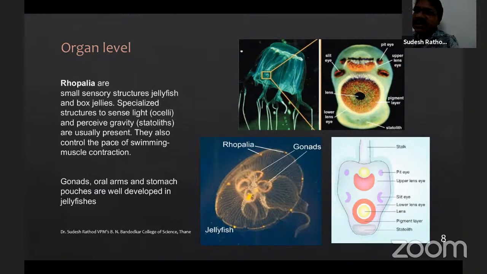If it is surface water, then light intensity is high. The rhopallium can sense this, and because of that, the jellyfish will go deep inside, because they don't want to be exposed to the surface. They stand upright because of the otolith or statolith over there, which is nothing but a balancing organ. So these are tiny organs. I'm not concerned with their function, but this tiny organ is appearing for the first time in cnidarians.